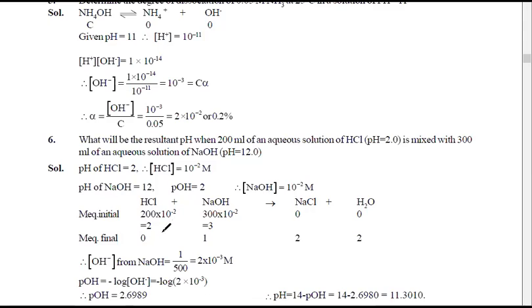So this is 2 and this is 3, so the limiting reagent is HCl. So 10 to the power minus 1 mole of NaOH will be left, and total volume is 500, so it is 1 by 500, which is your concentration of OH minus. I hope all of you remember we have solved problems like this also.